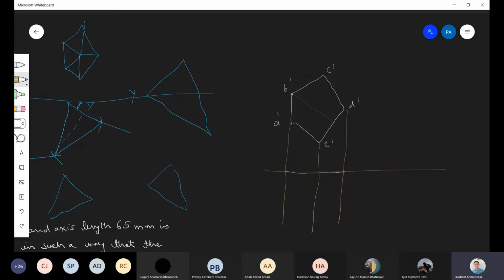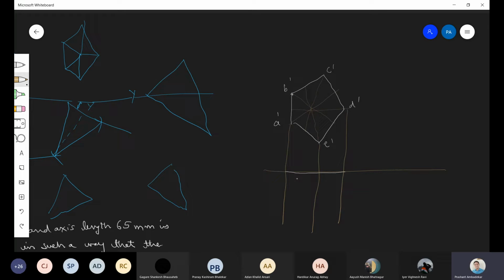Then consider point say A, and which is the edge opposite to point A, CD. So draw it like this. Similarly from C, it is like this. Similarly from D, it is like this. And then from E, it is like this. So you do not have to do it for all the points. Even if you do it for 2 points, you will get the point.